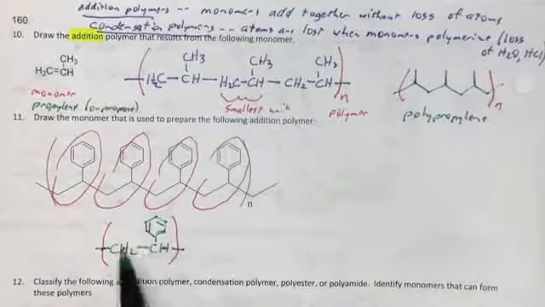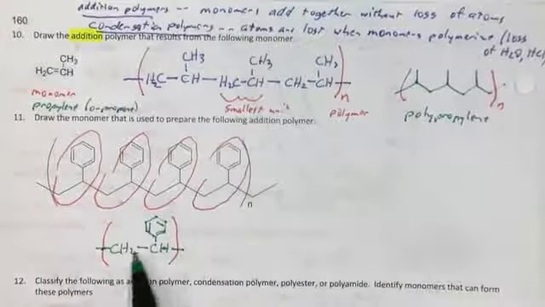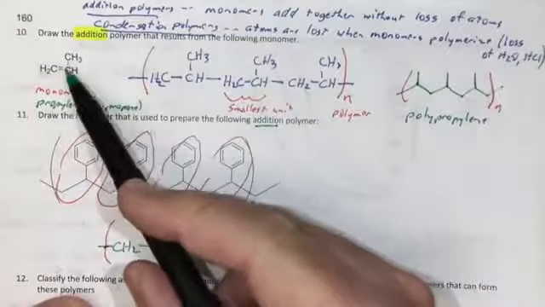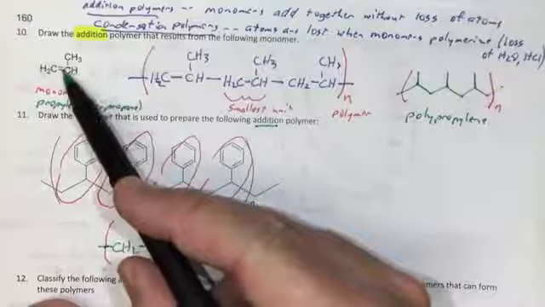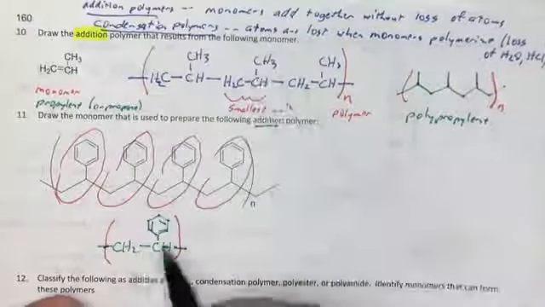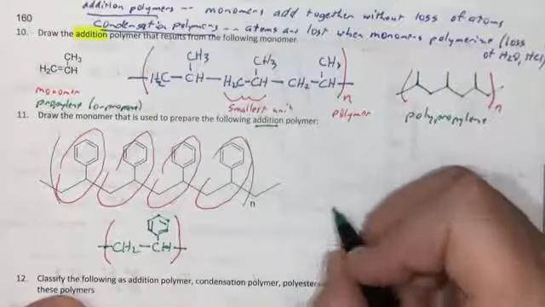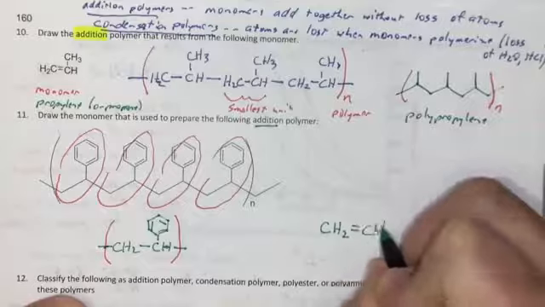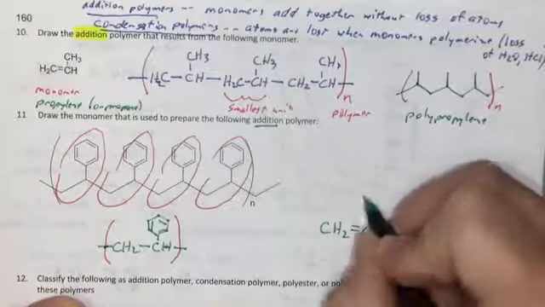But for most addition polymers, just like the one up here, the monomers start with double bonds, and they lose a double bond to form the polymer. So the monomer in this case was CH2 double bond CH attached to a benzene ring.